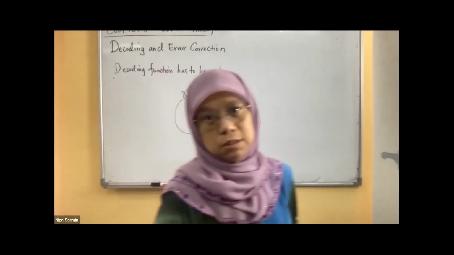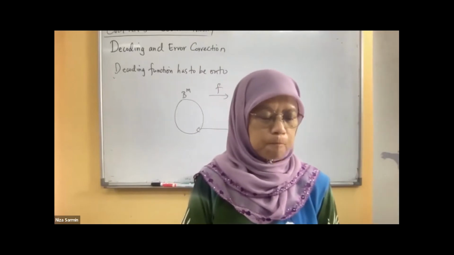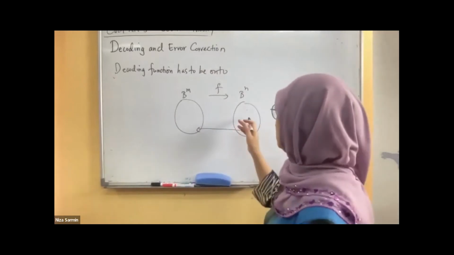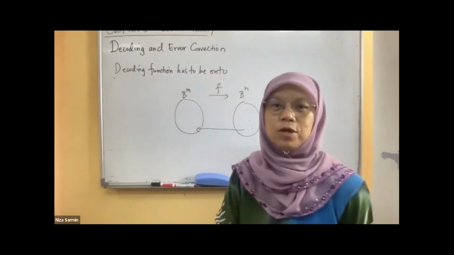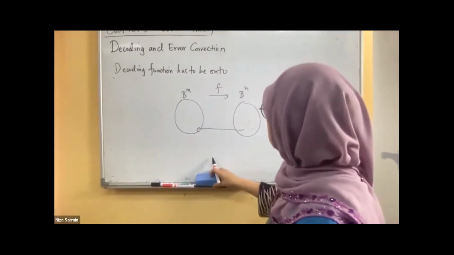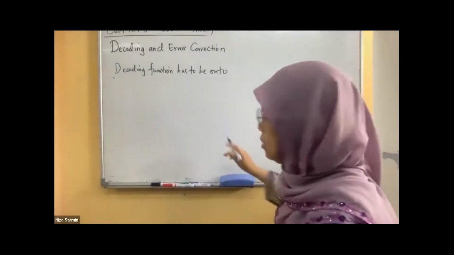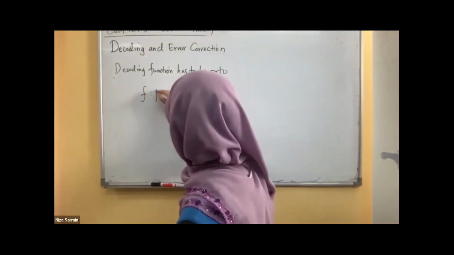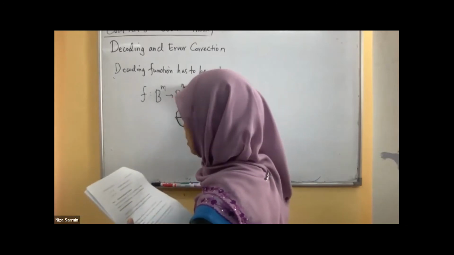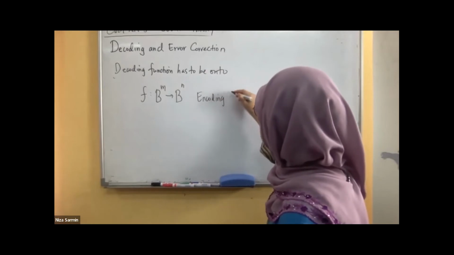That is what it means by the decoding. So if there is something outside just now that is not mapped, then you cannot go back. I will show you in detail later what I mean by this. You have F from B^m to B^n. We call this the encoding function.